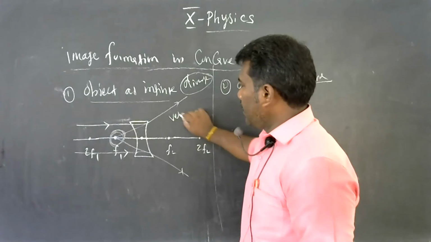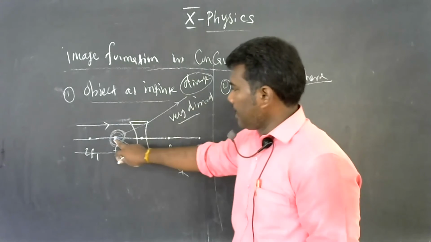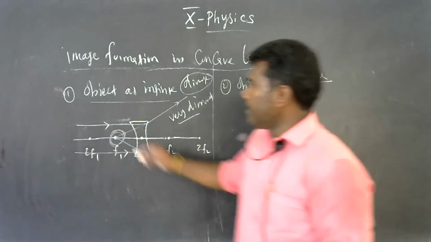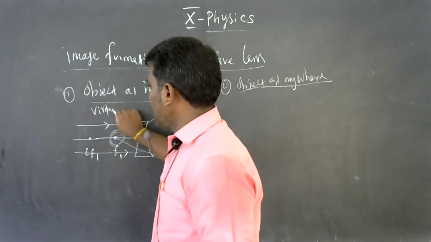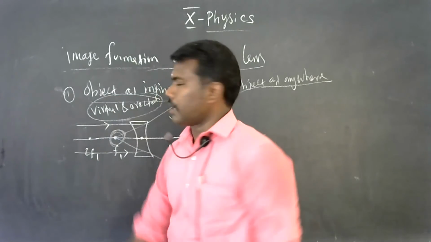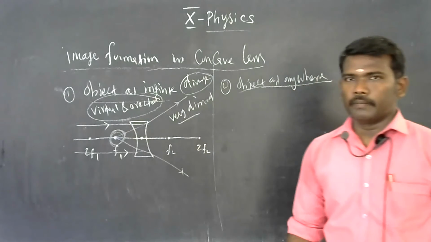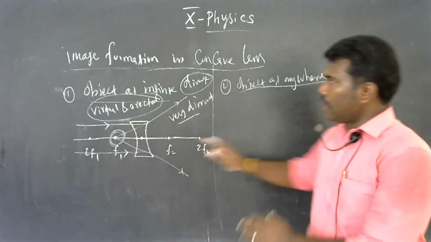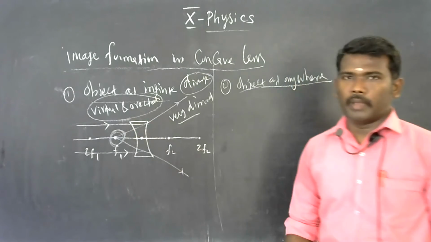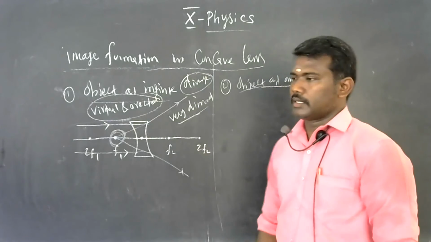A very diminished size image is formed on the same side of the object. The nature of the image is virtual and erect. So in the concave lens, in all the other cases too, the image is virtual and erect, and the size is diminished. In this case, very diminished.